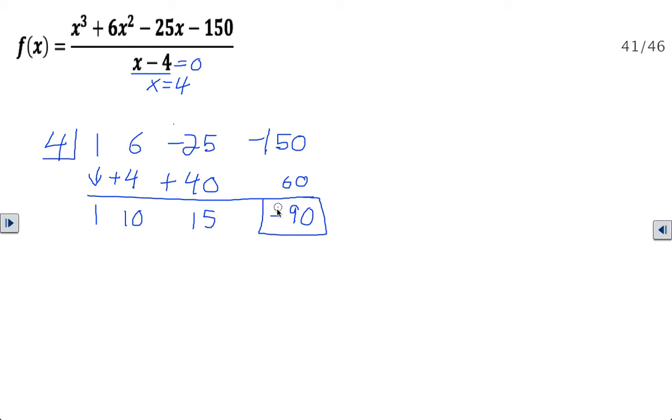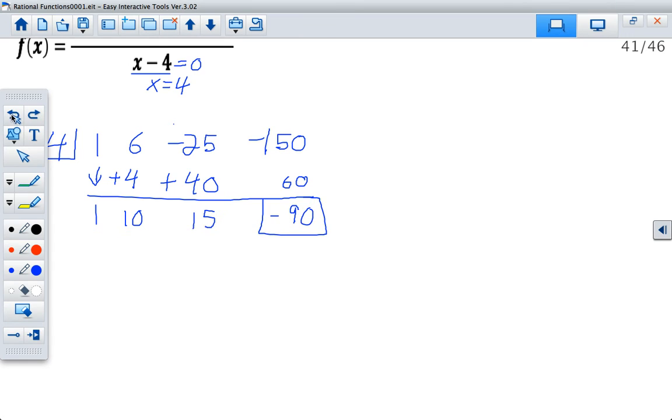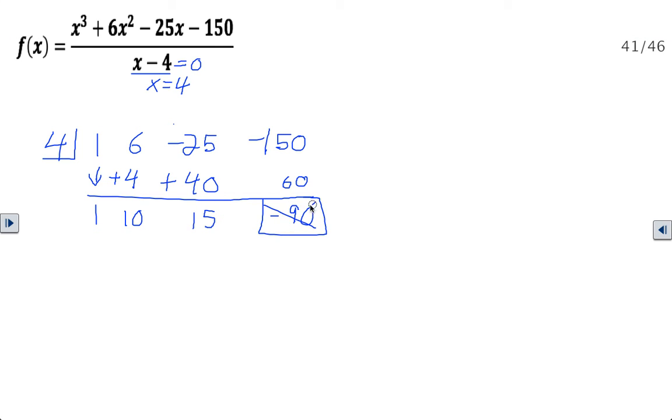This is a big number, but honestly, I don't care about this number. I care about these terms here. This is my remainder. I don't care about it at all. I just want these terms here. So my equation is going to be f of x or my y value. You can do f of x or y equals, both work.